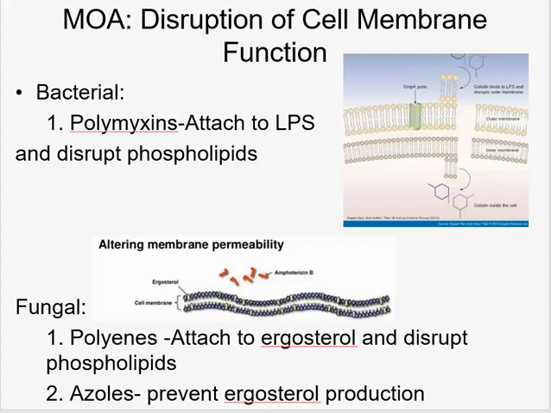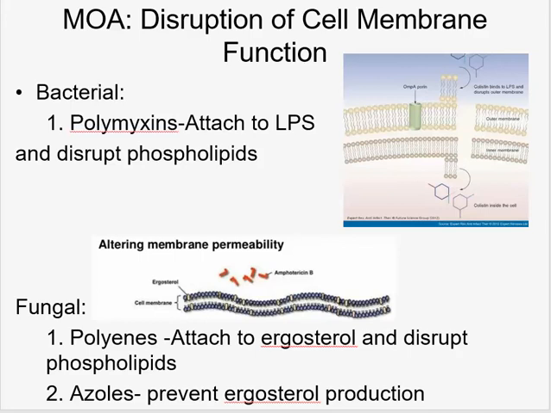There is a similar drug going against fungal cells called the polyenes, and they attach to a special lipid found in the fungal membrane that's the fungal version of cholesterol. It's called ergosterol. And it attaches to that molecule and punches a hole in the membrane.